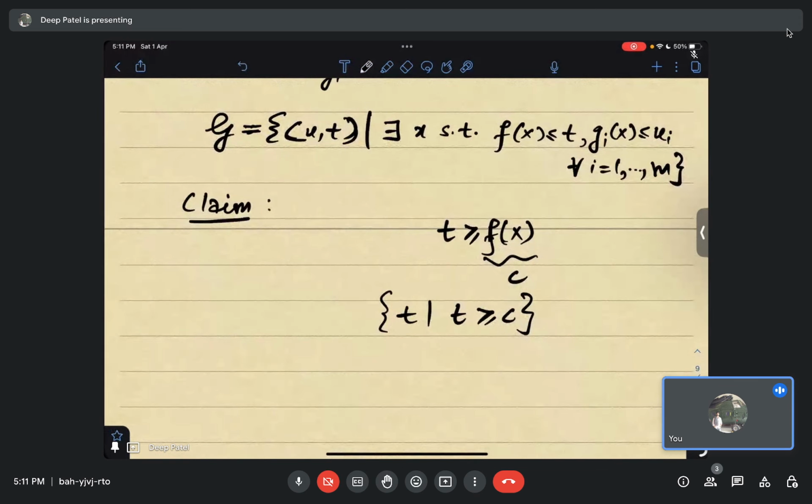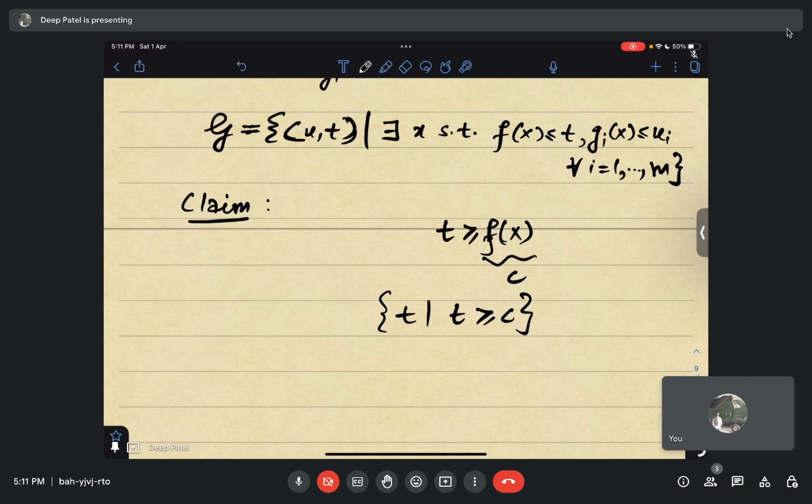Can you please help me remember the definition of the norm cone? I think a norm cone means that you have an x, and you consider all tuples (x, t) such that the norm of x is less than or equal to t, if I remember correctly. Give me a second, I'll pull it up.